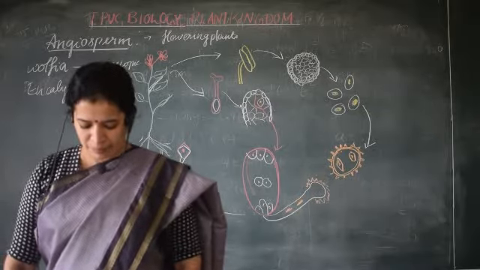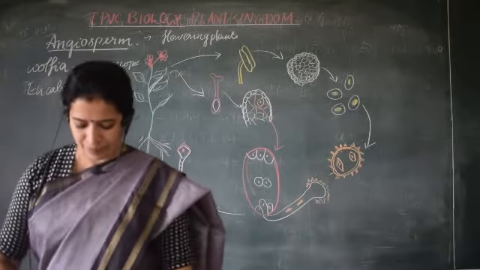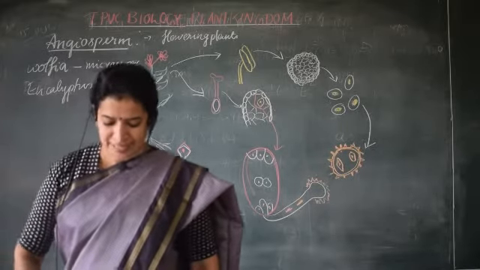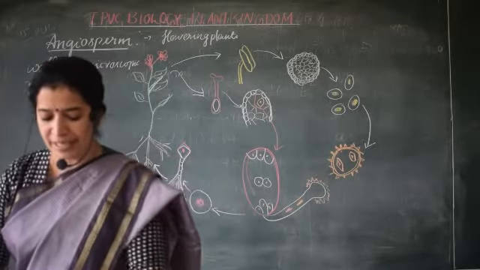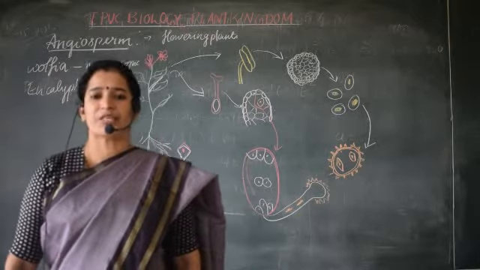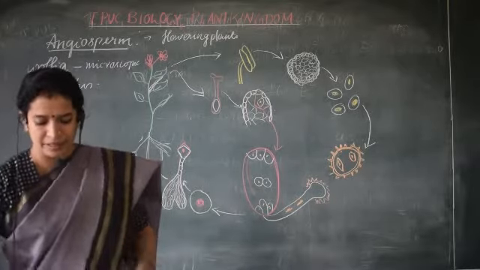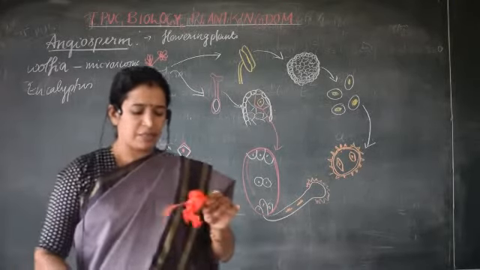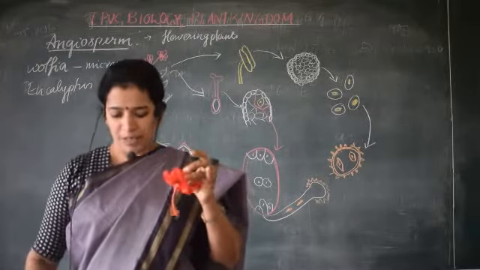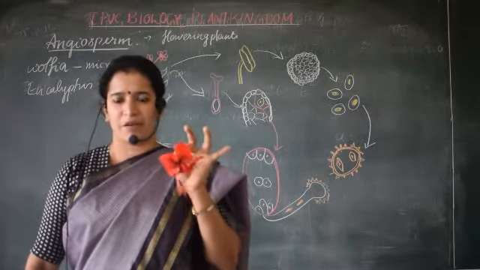These are some of the economic importance of the flowering plants. Now let us start to learn about their peculiar features with respect to their reproductive organs. So here is a flower which represents all angiosperms, where they can produce flowers. We know that angiosperms are flowering plants.